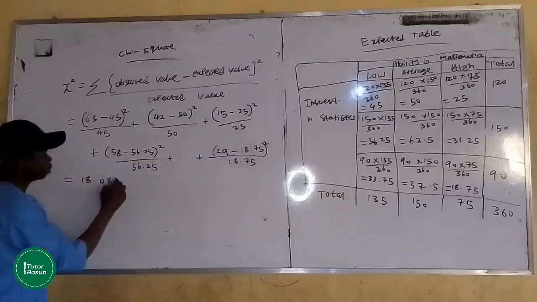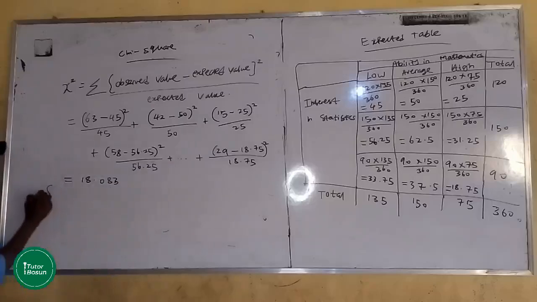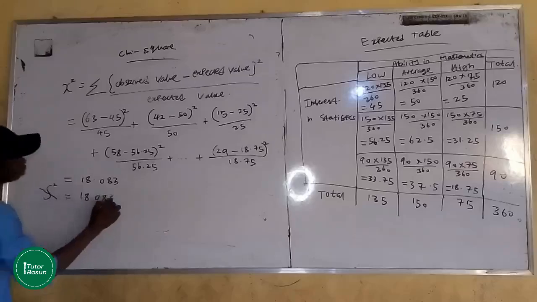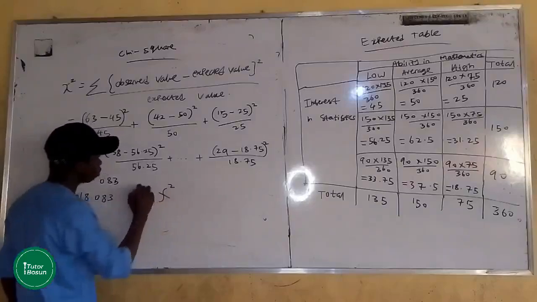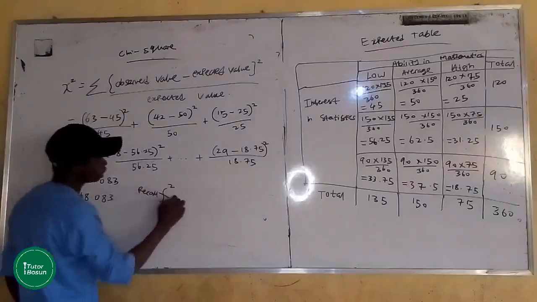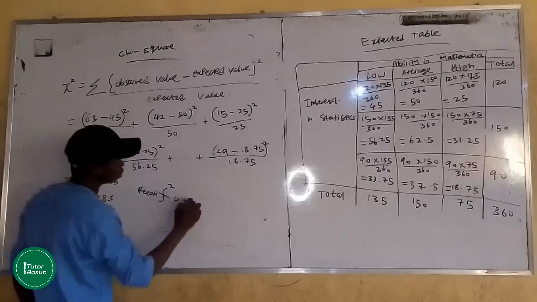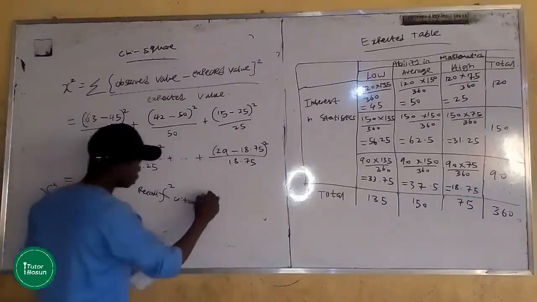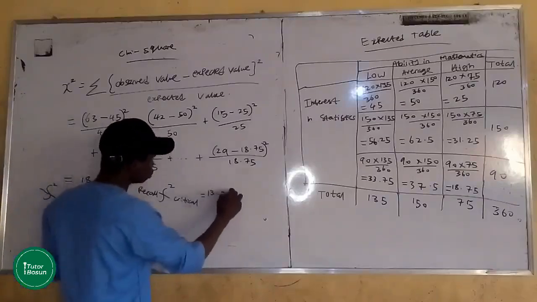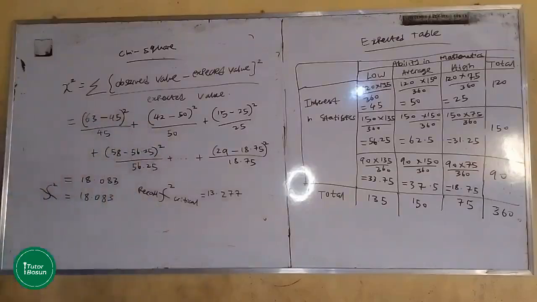18.083. That means that your calculated chi-squared is equal to 18.083. But don't forget the critical chi-squared. Recall the critical chi-squared which you were given is 13.277.